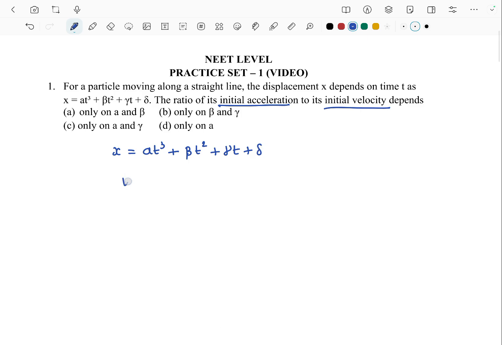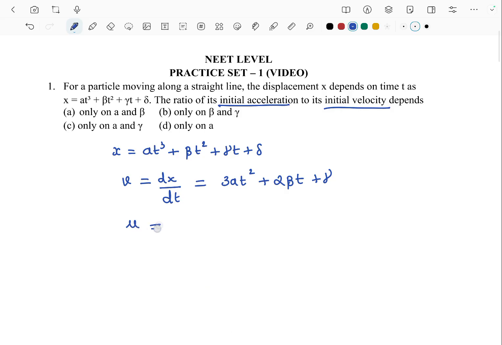Velocity can be calculated as v is equal to dx by dt. Differentiate this equation with respect to t. We'll get it as 3 alpha t squared plus 2 beta t plus gamma, and the constant becomes 0. So we need to find its initial velocity.